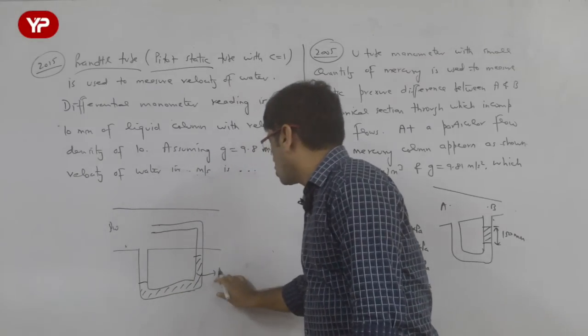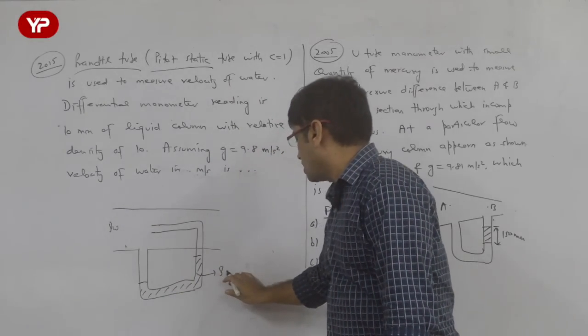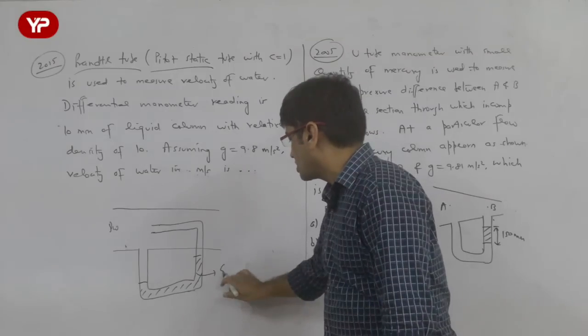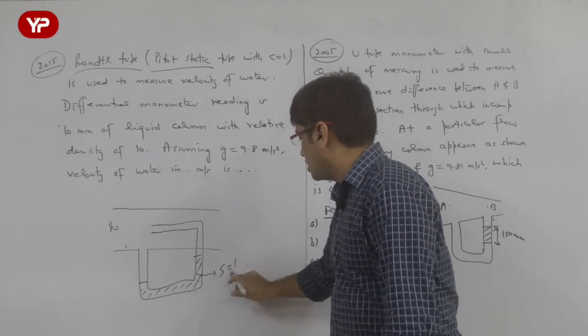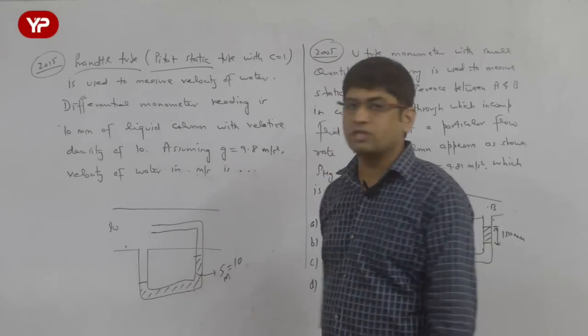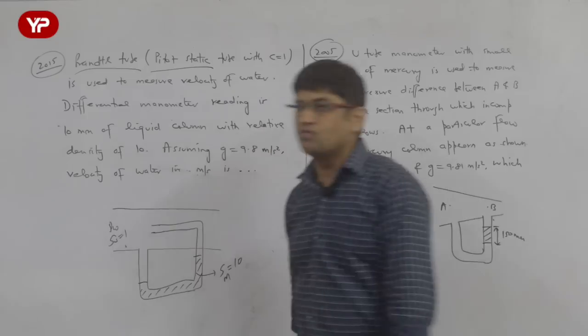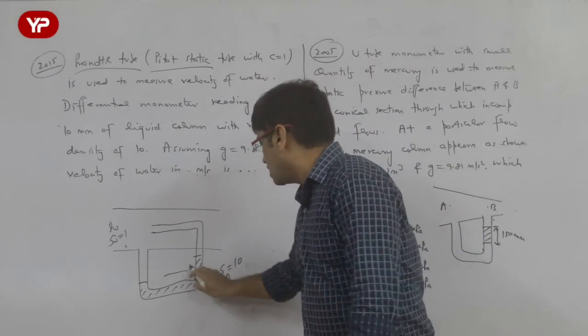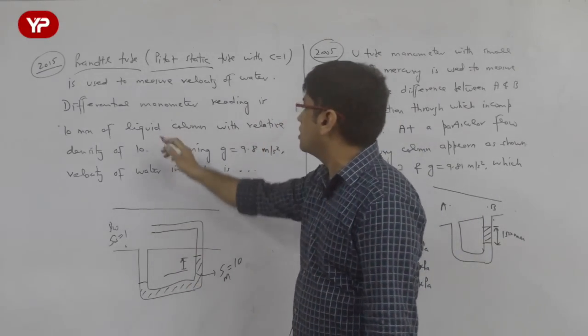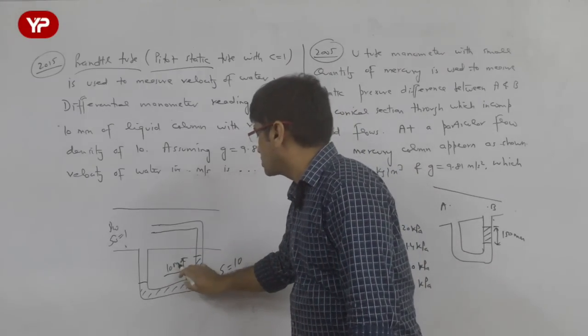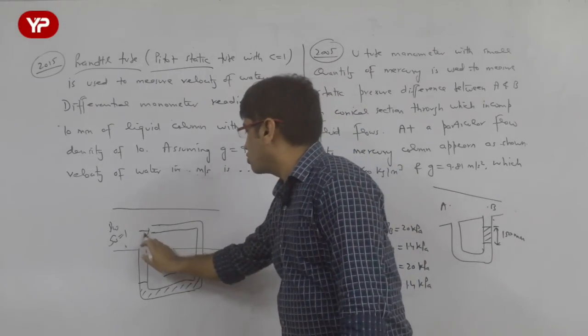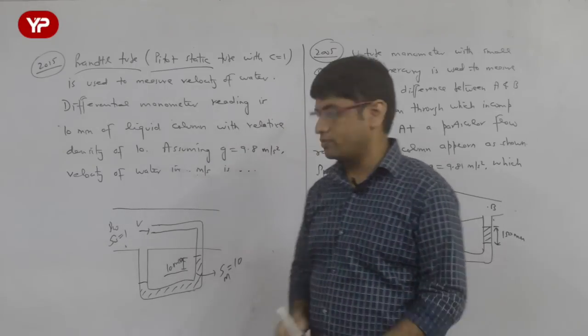So rho of this fluid is 10 times the rho of water. Let's call it the manometric fluid. Specific gravity of that is 10. Specific gravity of water, as you know, is 1, and the difference of the limbs is given as 10 millimeter. What we have to find is the velocity of flow.